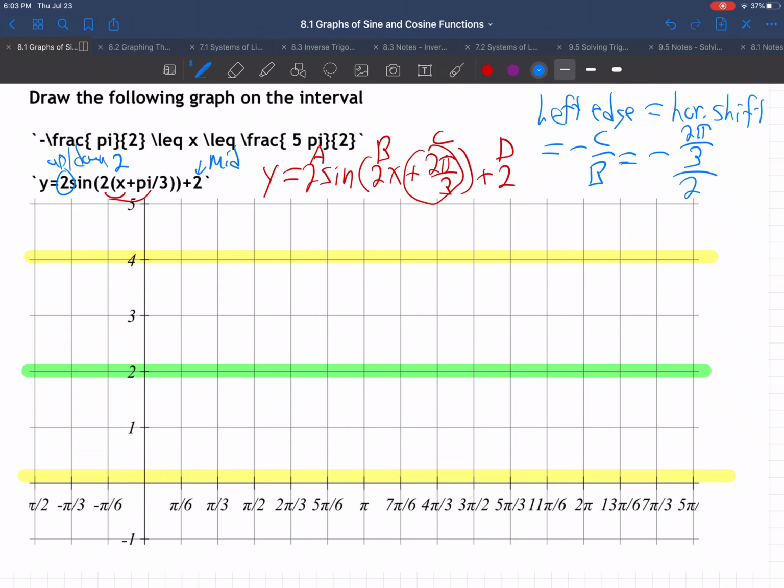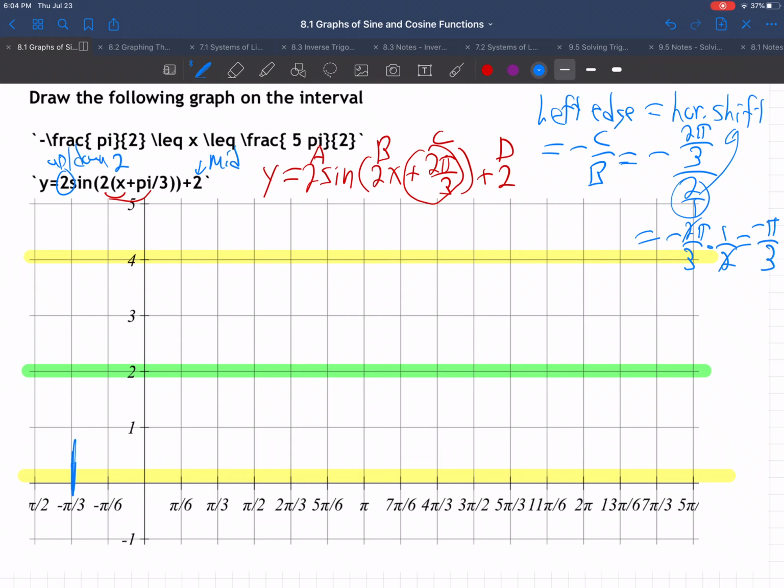You know what to do with the fraction over fraction. Put this over 1, flip it up. So that'll be -2 pi over 3 times 1 over 2. It flips upside down, right? Dividing is upside down multiplying. So then these 2's cancel, and we get minus pi over 3. So minus pi over 3 is the left edge.